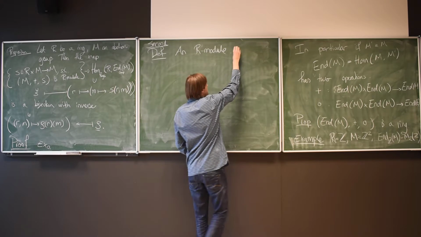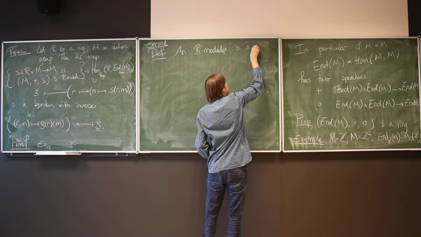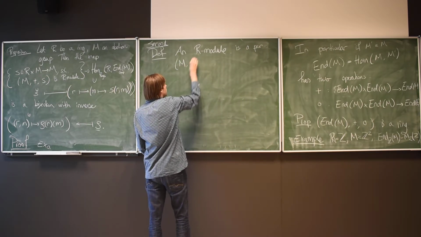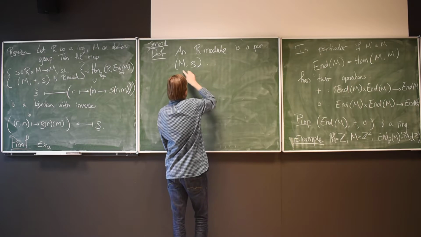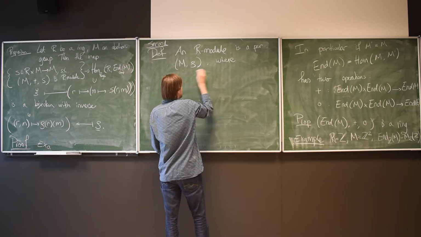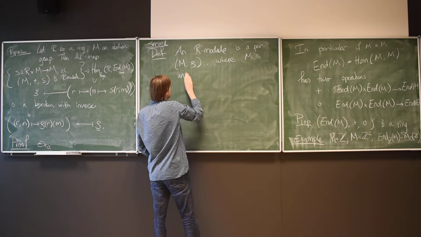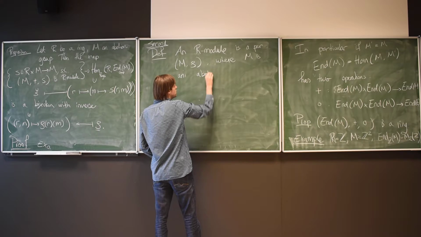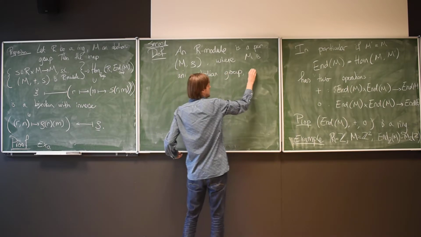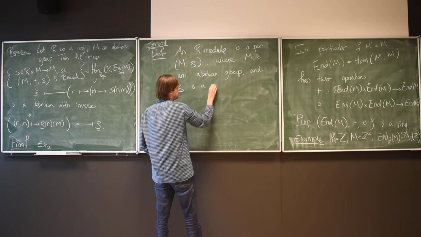An R module is a pair M, rho consisting of an abelian group M, and rho is a morphism of rings.